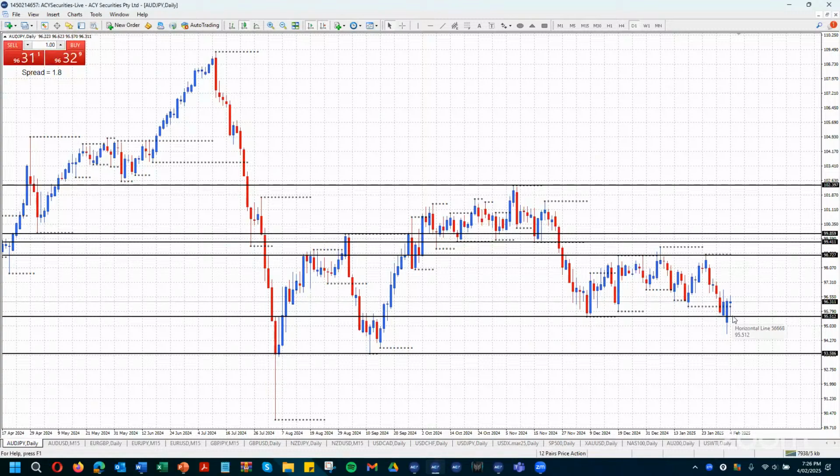So as I'm talking, the best opportunities have already probably happened today in terms of trading at specific levels. 95.51 retested today. It's probably now heading back up towards 98.72 as a direction.